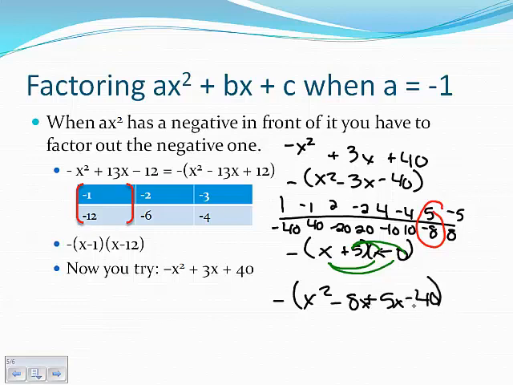When you combine, you get negative x squared minus 3x minus 40. You then distribute the negative 1, giving you the same equation as before: negative x squared plus 3x plus 40.